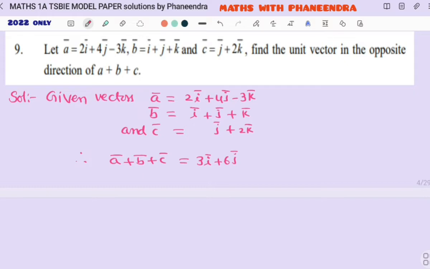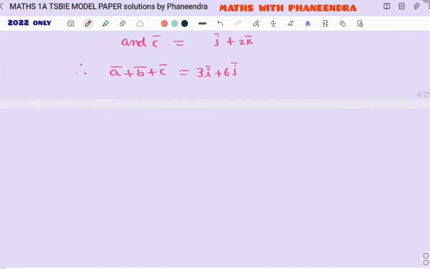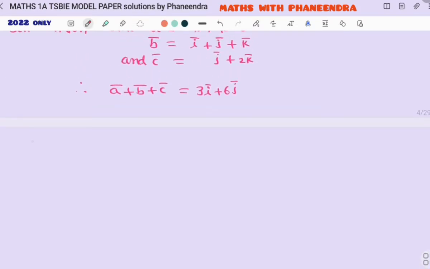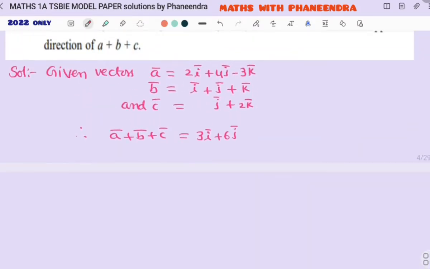The unit vector, here also we have a formula, here only I will mention.